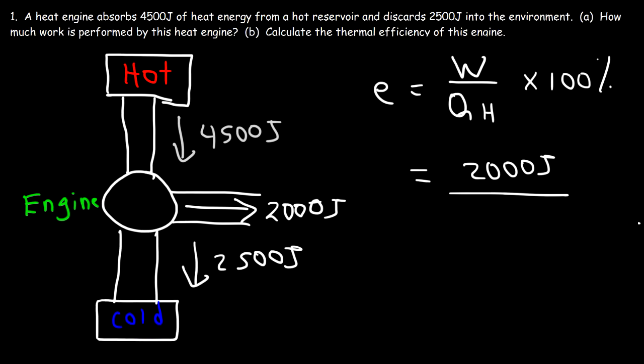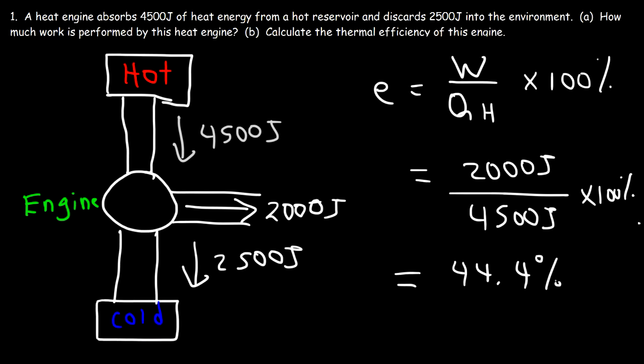The amount of heat energy that was absorbed by the hot reservoir per cycle is 4,500 joules. And then we need to multiply this by 100%. And so the efficiency in this example is 44.4%. And so that's the answer to this problem.